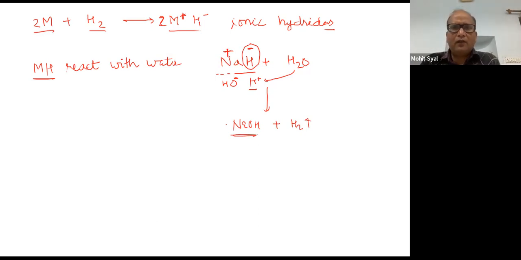NaOH and hydrogen. So hydrogen gas will be liberated. This hydrogen gas is highly inflammable and it can catch fire. Do remember this. These hydrides are ionic in nature, meaning there is a cation and an anion. You have to heat them so that they can react, and when they react, they liberate hydrogen gas.